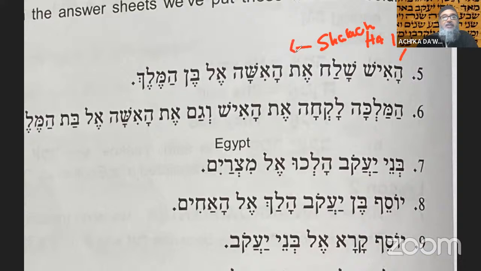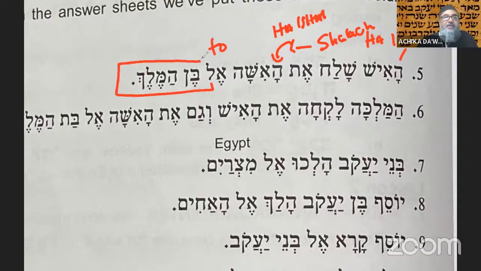The arrow is telling us, who did he send? He sent the ha what? Ha'isha, to, and here we have the Bain Hamalek. The Bain is a noun, and so is Hamalek. Because there's no change, because this doesn't end in an im or an a, it's two nouns next to each other, so it's automatically a Semi-Coup.